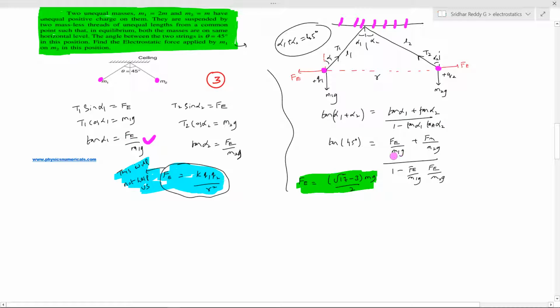Okay, what is tan alpha 1? Fe by M1G. What is tan alpha 2?